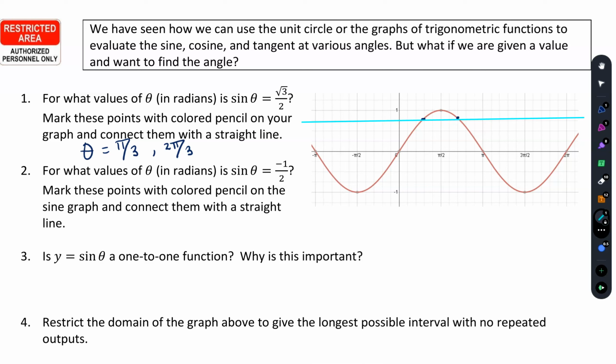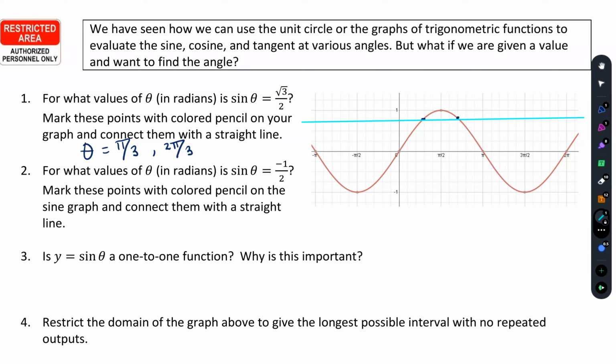What happens with sine? It oscillates, right? So it's going to repeat this every how much? 2 pi. So it's going to go on into infinity, in both directions, but it'll repeat every 2 pi units.